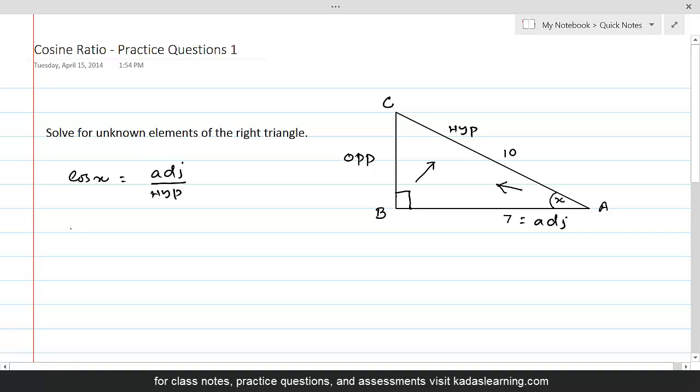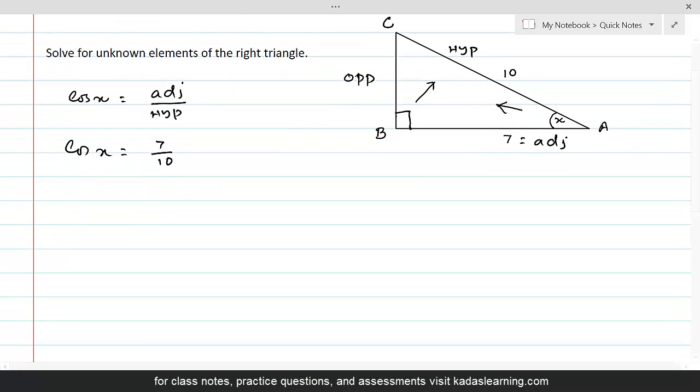and cos of X is equal to, just substitute the values of adjacent and hypotenuse, those would be 7 over 10, means cos of X is equal to 0.7.